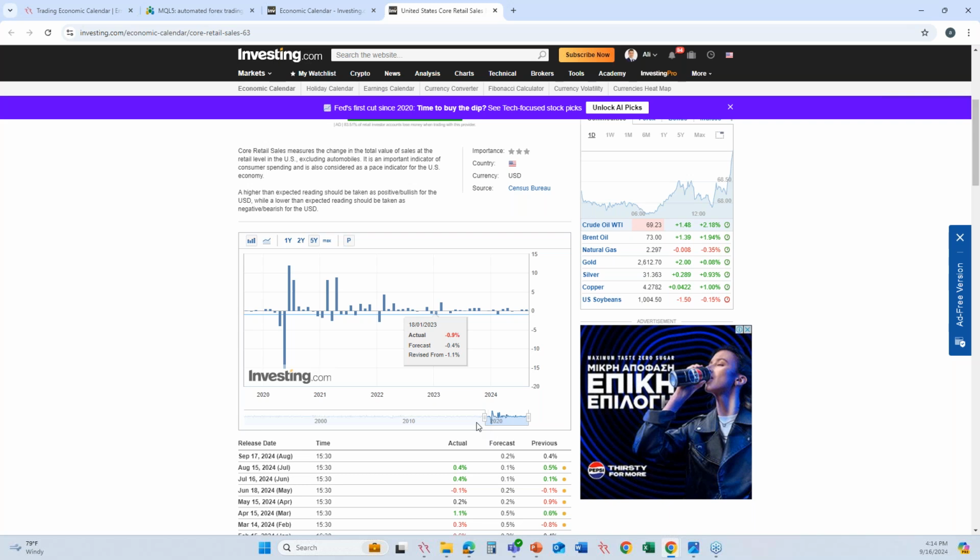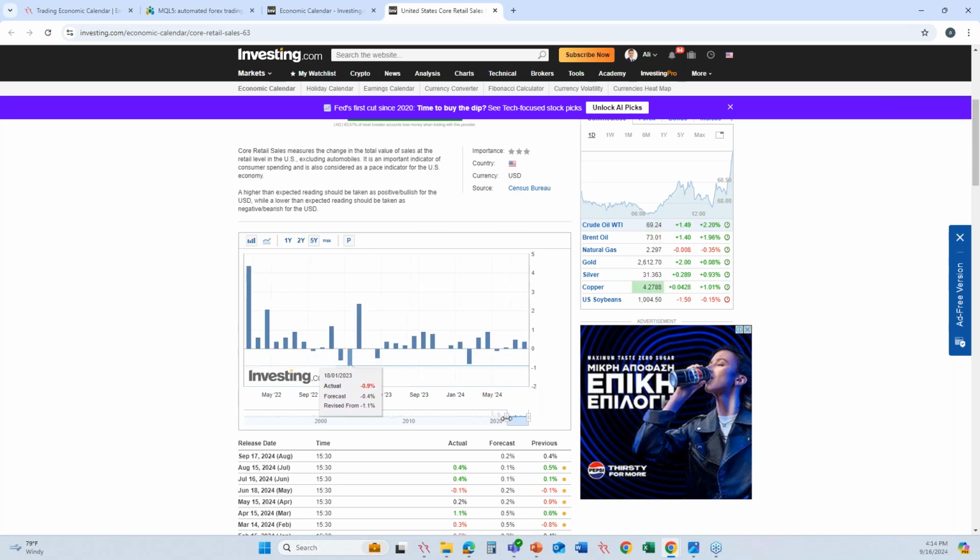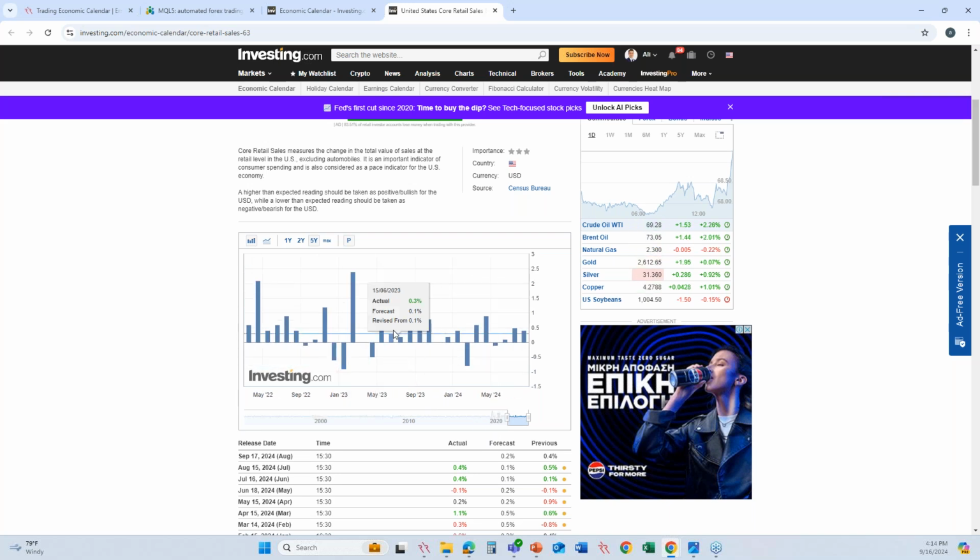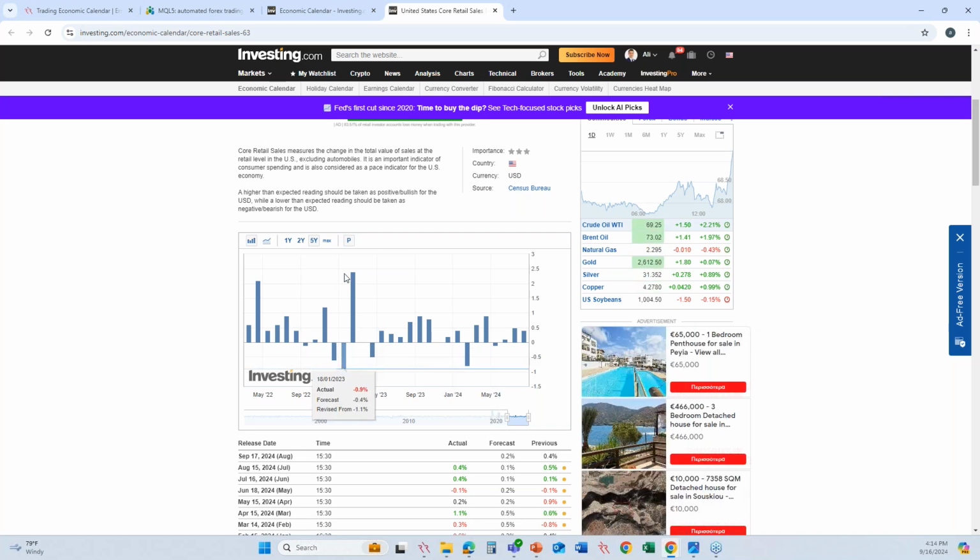You also see there is a chart, a bar chart, which is very helpful. It isn't in a very organized way, but there are plenty of implications showing that core retail sales are decreasing somehow from the level of 2.4% growth to, let's say, 0.4%.